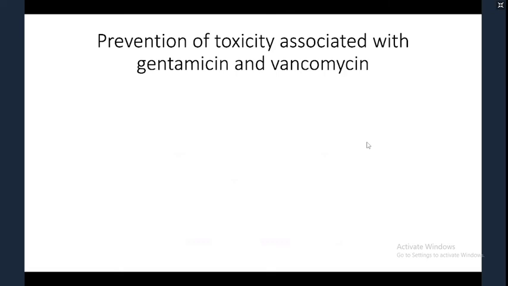For the prevention of toxicities associated with gentamicin and vancomycin, you have to monitor the drug levels. Actually, monitoring drug levels is a chemical pathologist's role. When I was working in Kandy, we had the machine in the nephrology unit, and we used to measure vancomycin and aminoglycoside levels, especially amikacin and gentamicin, when we gave them for longer durations.